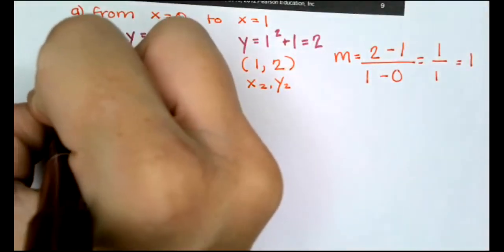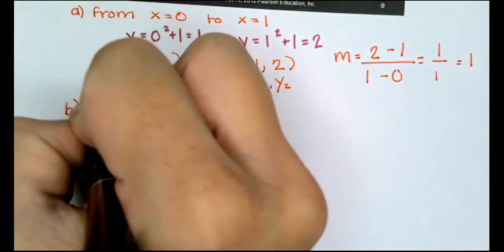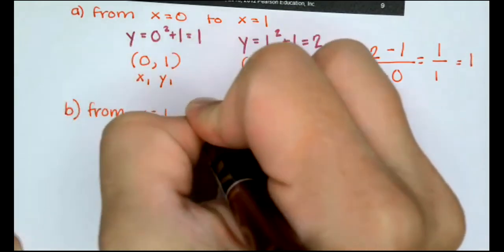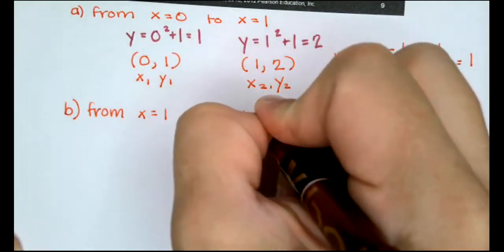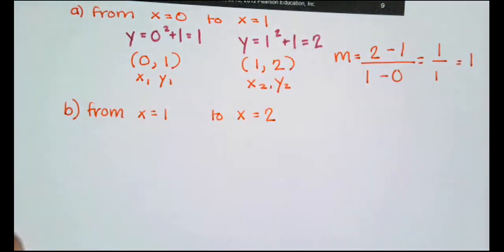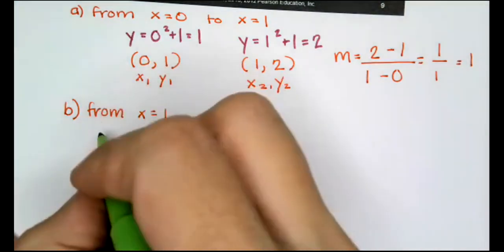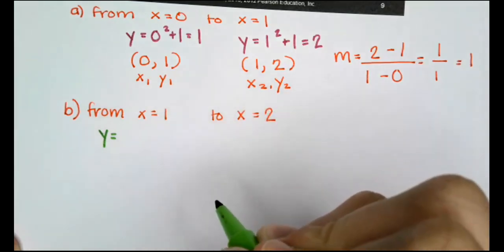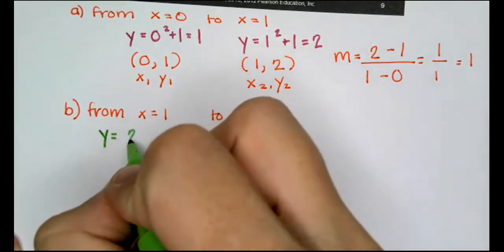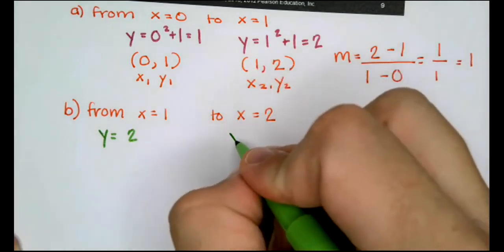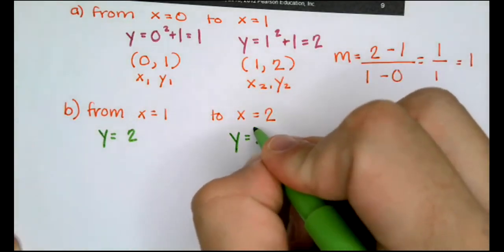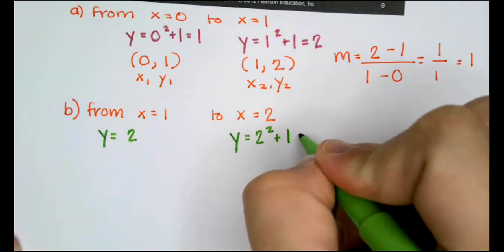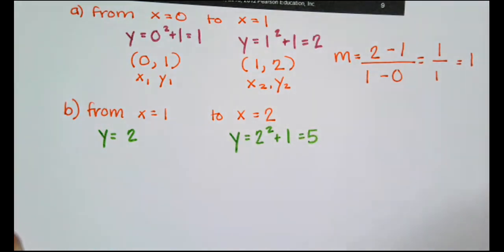B, we said from x equals 1 to x equals 2. If x is 1, y equals 2, we already knew that. If x is 2, y equals 2 squared plus 1, which is 5, right?